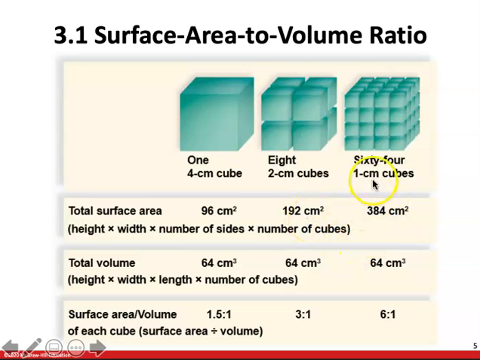But the surface area for 64 1-centimeter cubes is 384. Although we have the exact same volume between the very large cell and the many, many small cells, we have significantly more surface area for the very small cells. So the surface area to volume ratio is going to be 1.5 to 1 for the large cube, but for the smaller cubes, we have a 6 to 1. We have way more surface area to volume ratio.